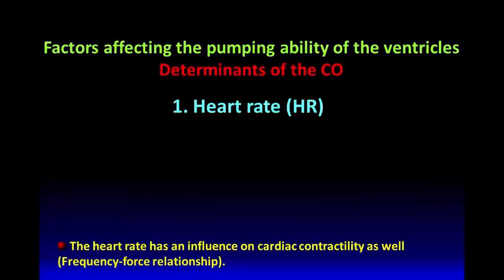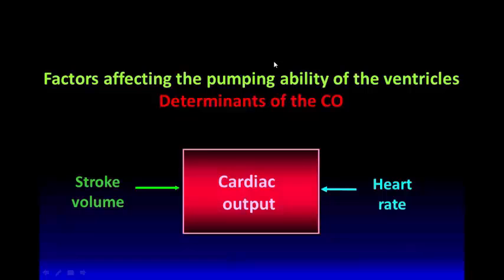We will first describe the influence of the heart rate on the cardiac output in detail. Then we will describe how stroke volume affects the cardiac output and what factors regulate the stroke volume itself.